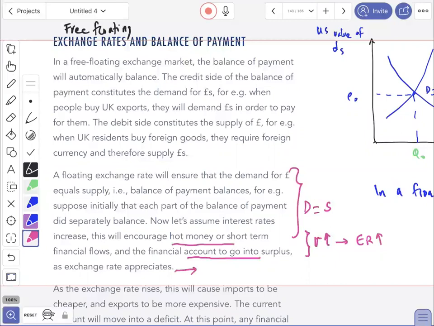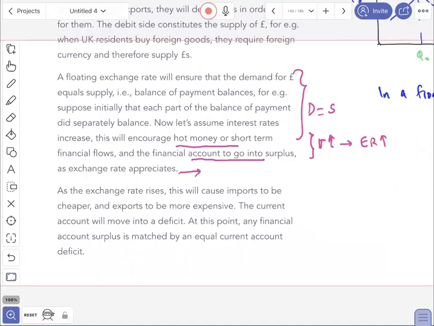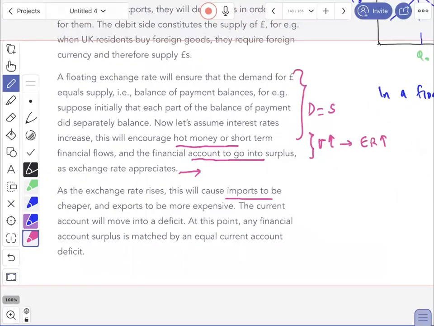And because the exchange rate goes up, this will cause imports to become cheaper and exports to become expensive, and the current account will go into a deficit, which means any financial account surplus is matched by an equal current account deficit. So a surplus elsewhere will cause a deficit elsewhere, and the BOP automatically balances.